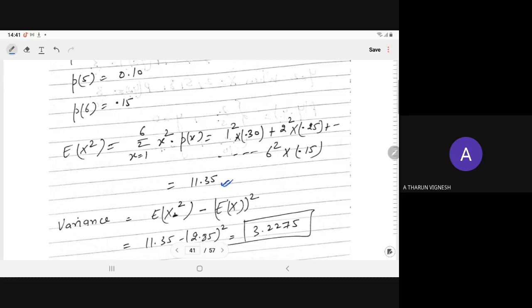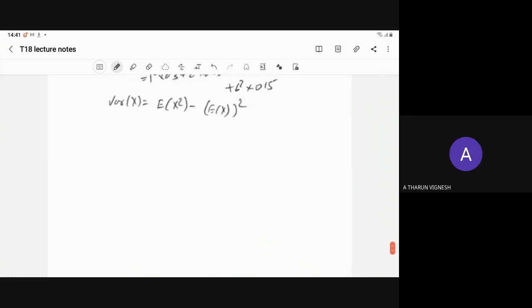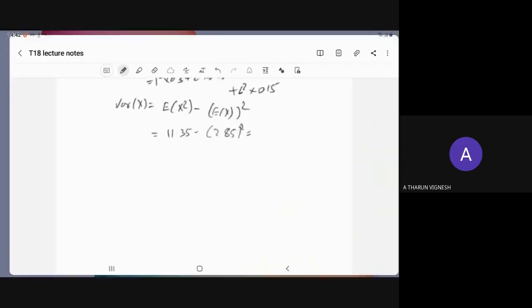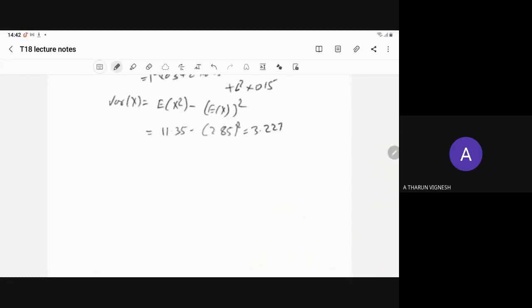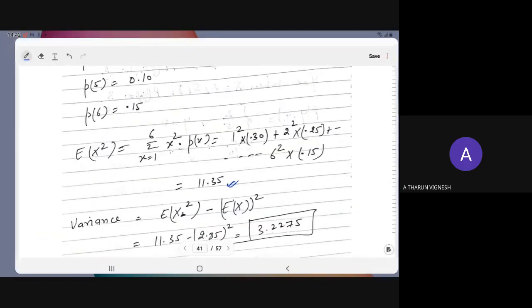So the variance will come as 3.2275. Please note it down in your notes. In this way, we can compute the variance of X. Any other doubt?